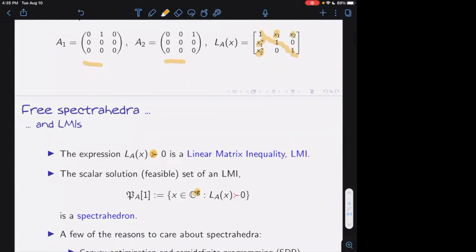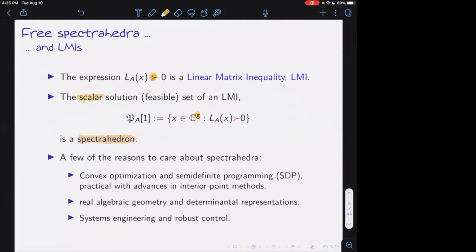So that's the scalar level solution set, the feasible set of this linear matrix inequality, and it's what is known as a spectrahedron. And one reason you might care about spectrahedra is that they appear as basic objects in convex optimization, semi-definite programming.